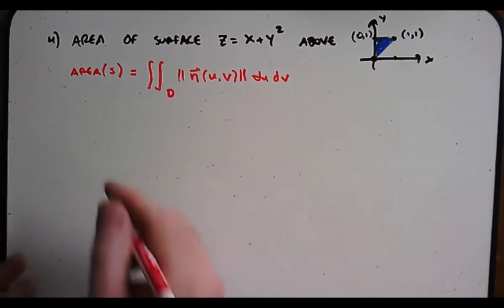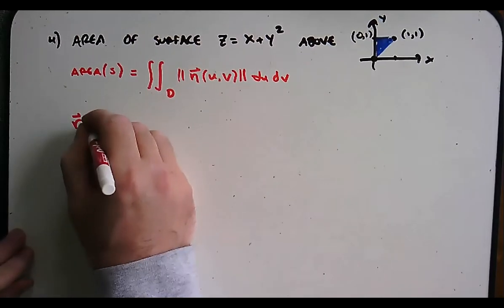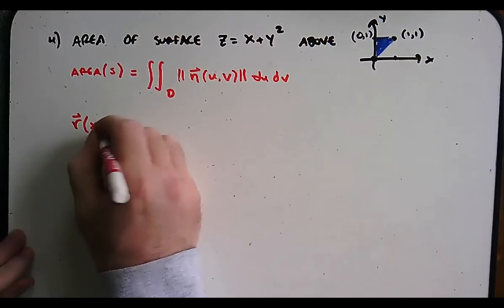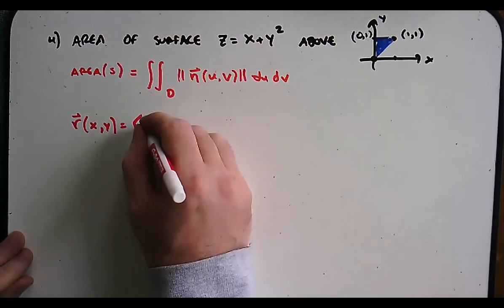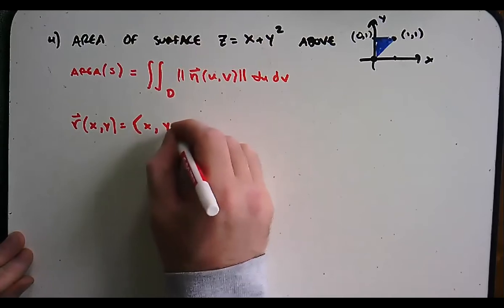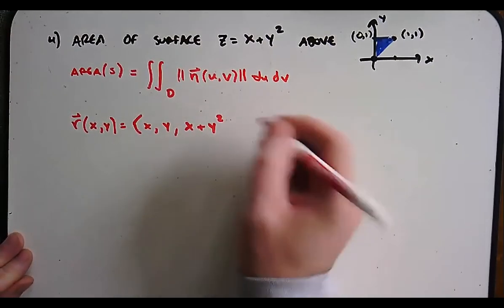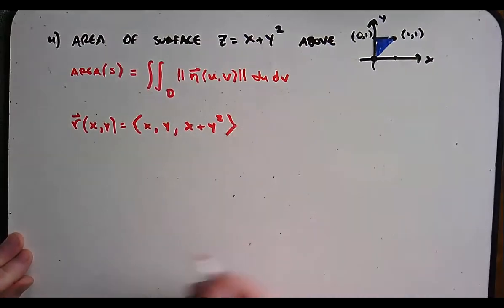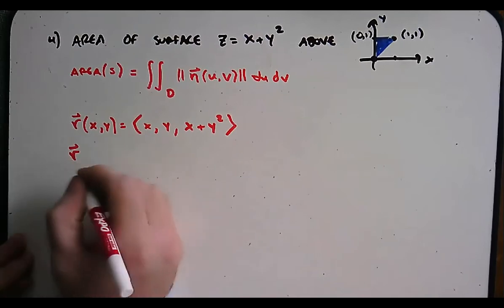So that's the first thing that we'll do here. We'll write our function r of x and y will yield the vector x, comma, y, comma, x plus y squared. Okay, so now we'll go on to find those tangent vectors using partial derivatives.